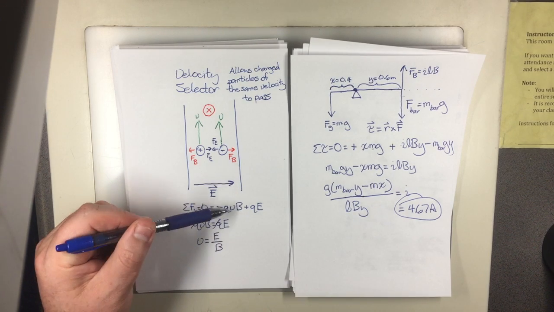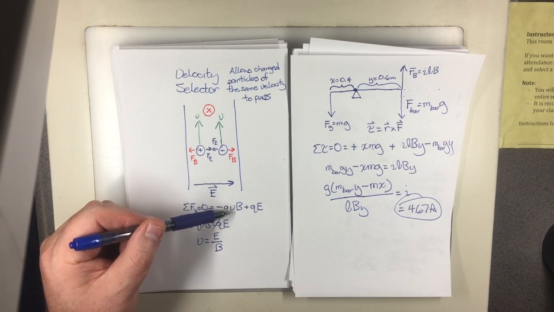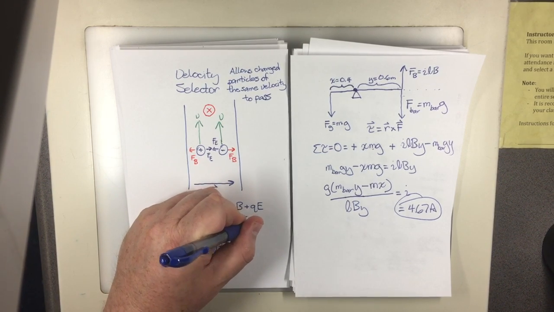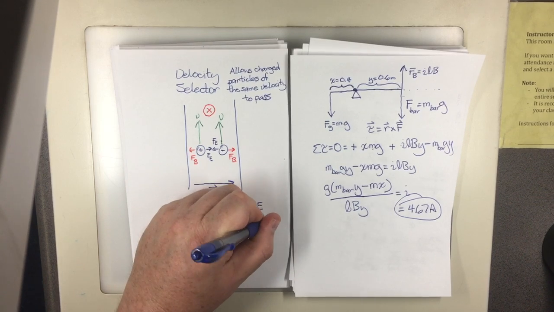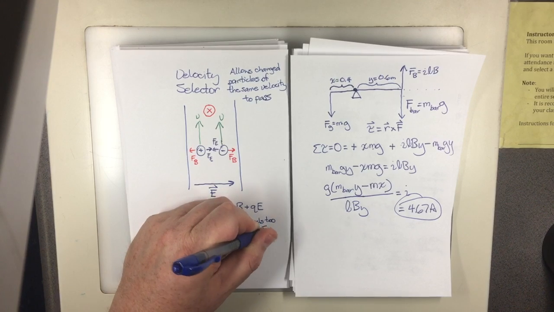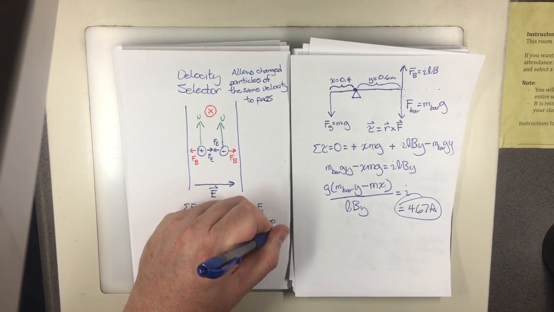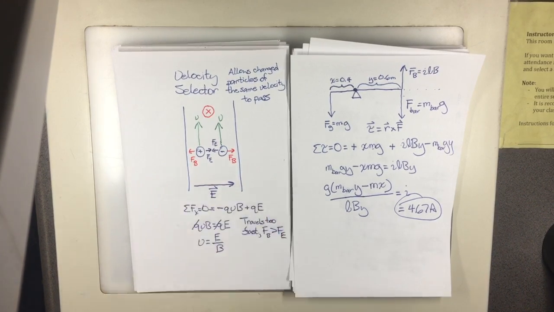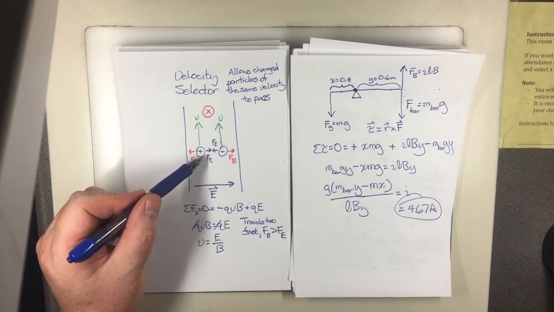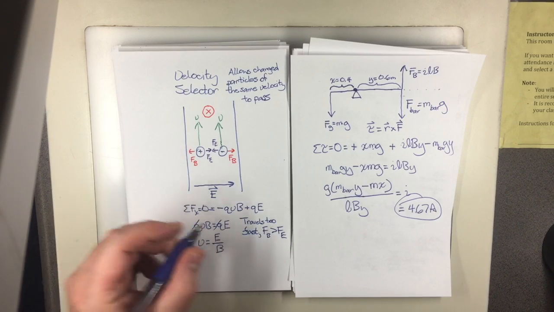If it's traveling too fast, the magnetic force is greater than the electric force, and then the positive particle would hit left.